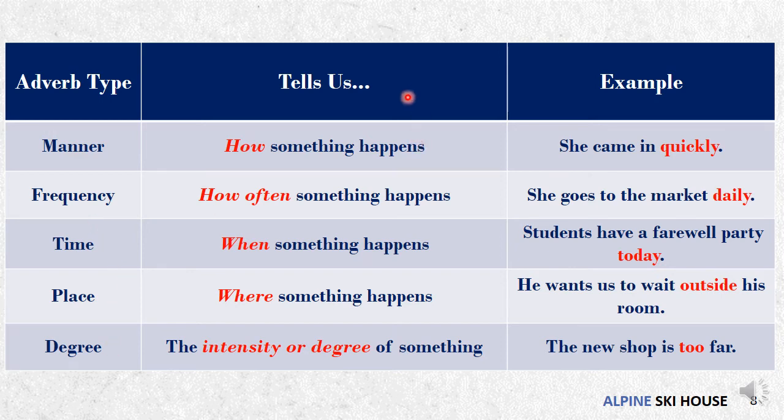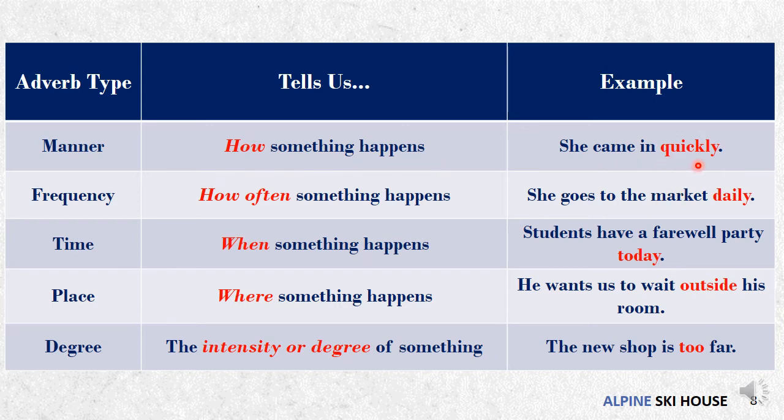And what does each tell about? We'll look into it. First, adverb type of manner. It tells how something happens. How did this happen? How did that happen? Everyone has a question. So adverb of manner says how something happens.